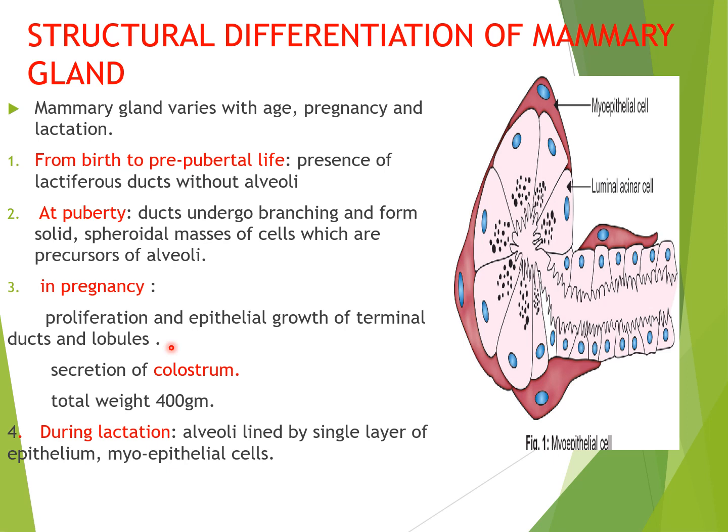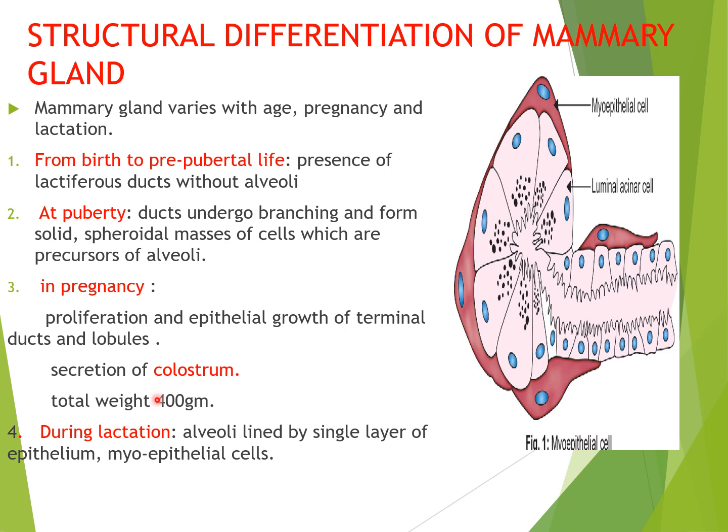After about 6 months of pregnancy, the breast expands further due to increased blood flow and secretion of the colostrum. Okay, this is after about 6 months of pregnancy. The breast expands due to increase in blood flow to the breast and the secretion of colostrum.